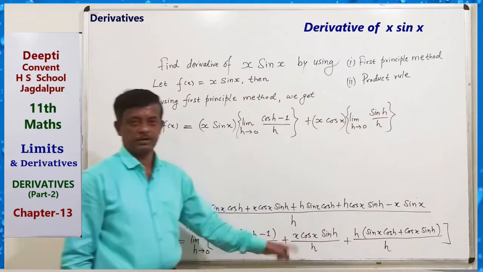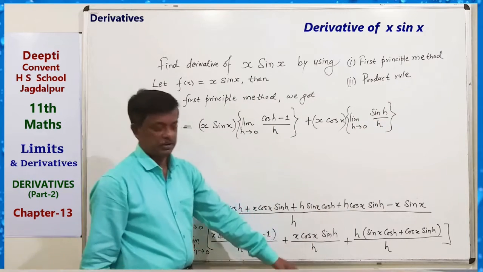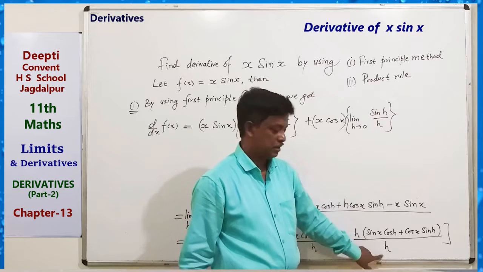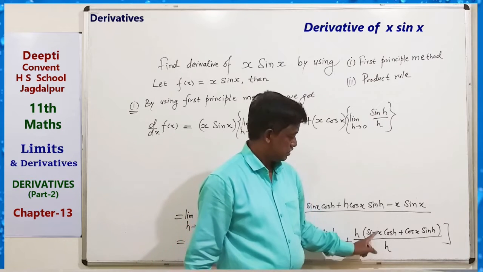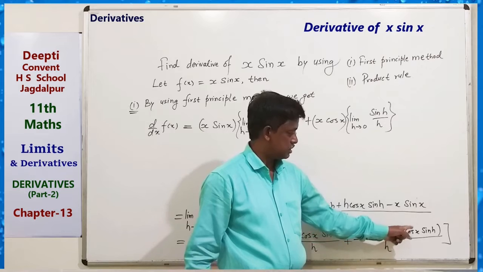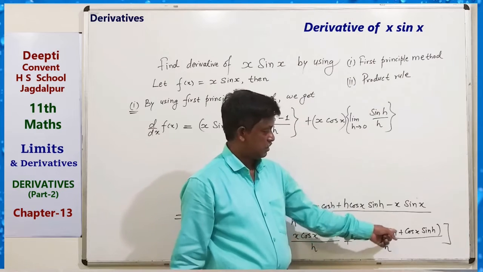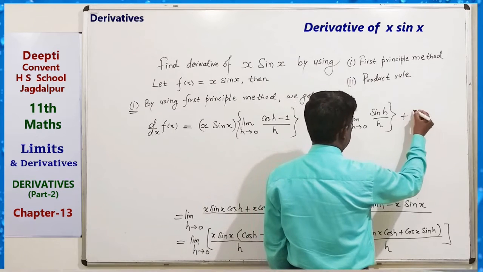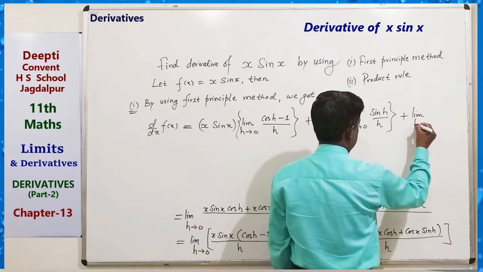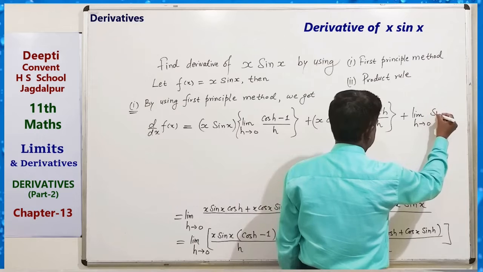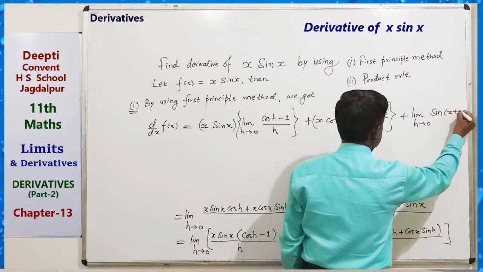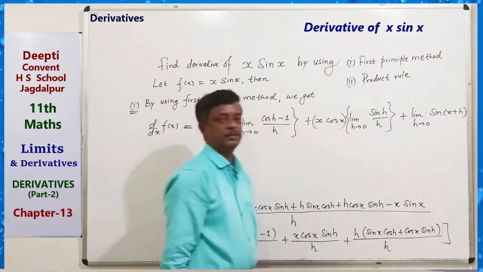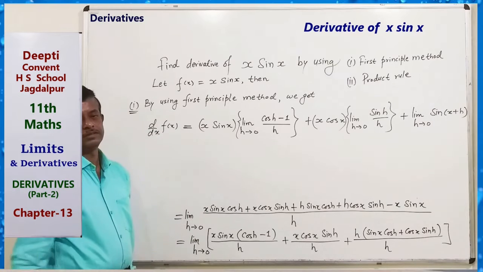And in the third part, h cancels. sin a cos b plus cos a sin b is sin(x plus h), so the limit as h tends to 0 of sin(x plus h).